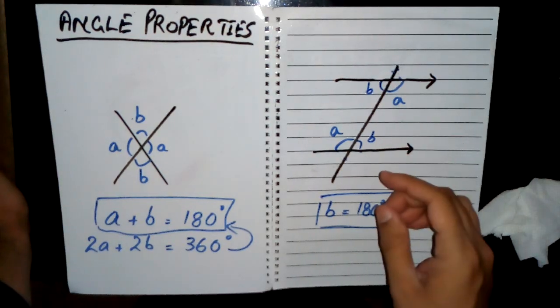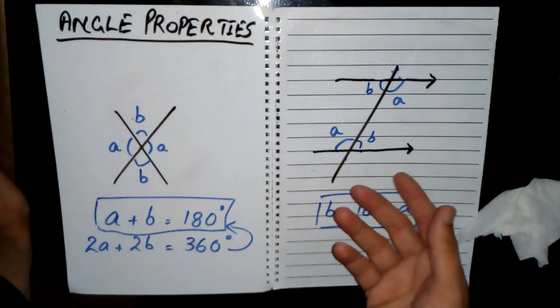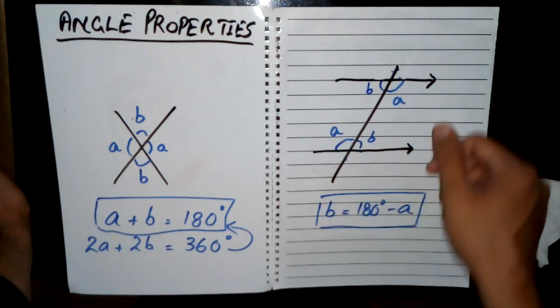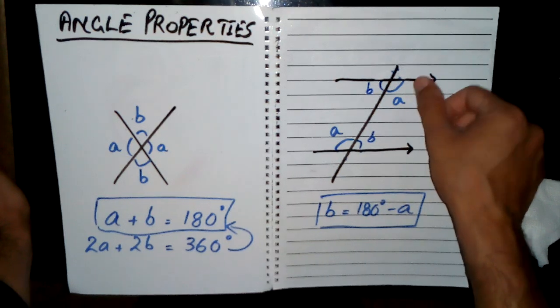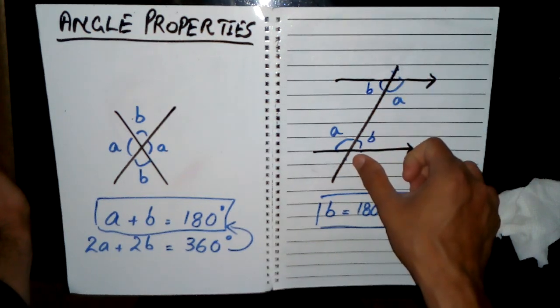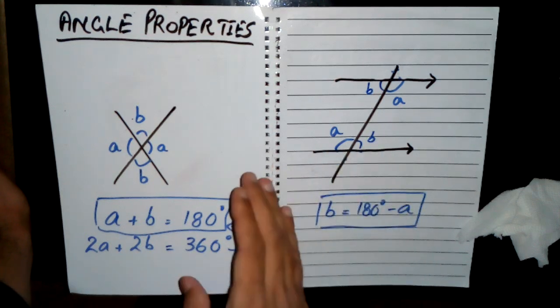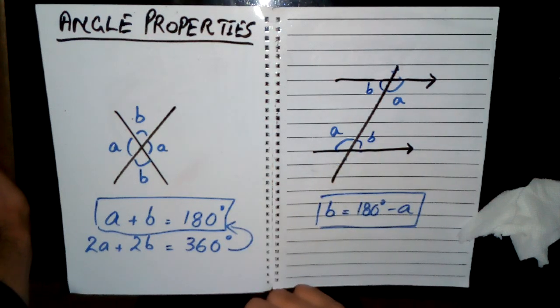Now we are seeing the opposite side of the intersecting line. So if these two are parallel lines and this angle is A, then on the other parallel line, this angle A will repeat on the other side of the intersecting line.